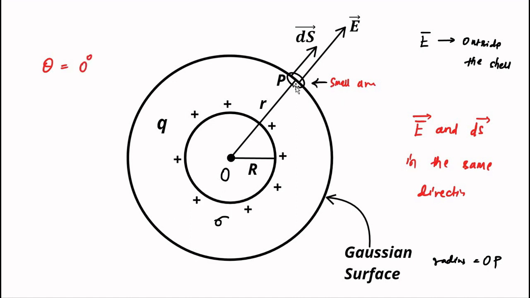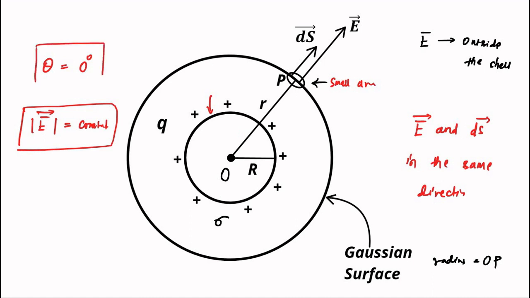Also, another important thing, all the points on this spherical Gaussian surface are at a fixed distance from the charge distribution, the spherical shell. So the magnitude of the electric field is constant. The direction will be different, but the magnitude is constant. So the electric field intensity magnitude is constant, and the angle between the area element vector and the electric field intensity is equal to 0 degree.